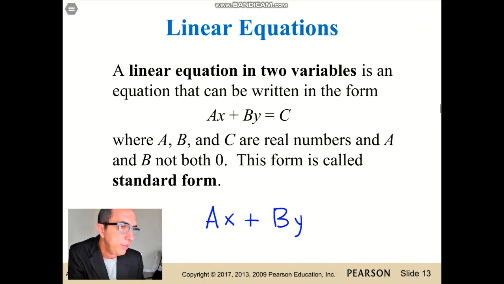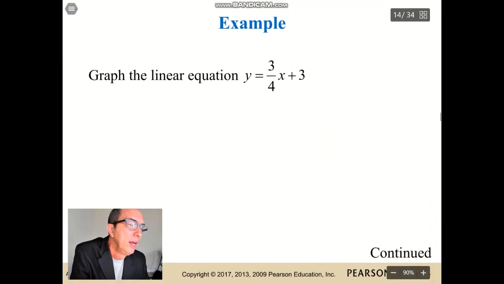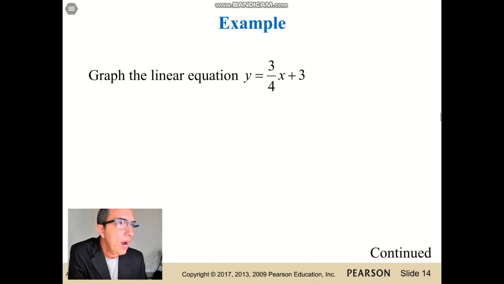A and b must be different from 0, and C is another real number. This is the standard form. Graph the linear equation y equals 3 over 4x plus 3.